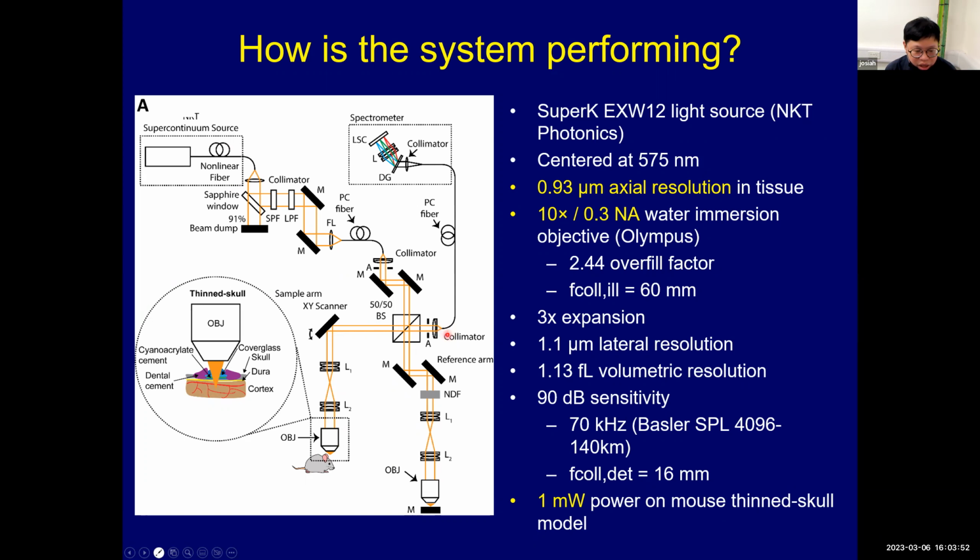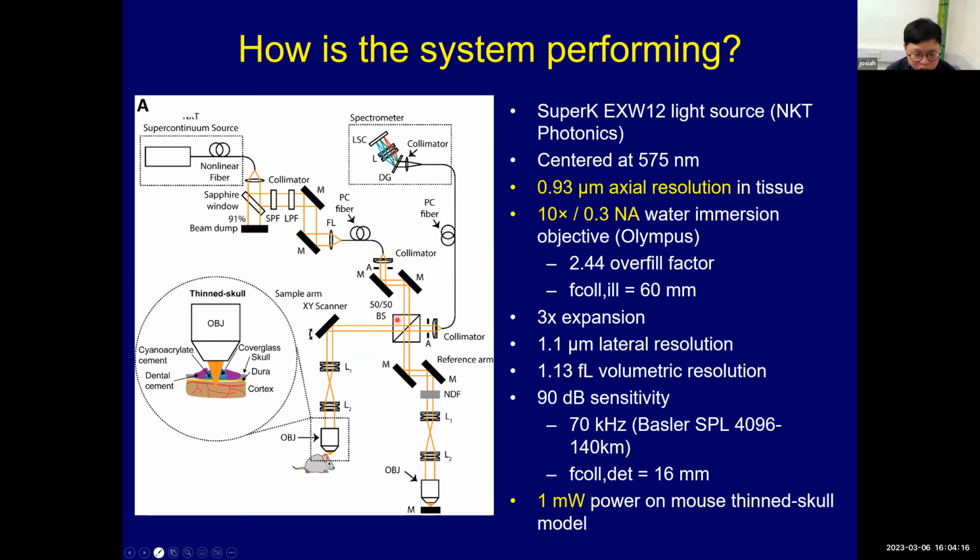In this particular example, we use a larger focal length in the collimator so that the beam becomes very large, so that when it comes to the objective, it overfills the objective. This means we can appreciate the full resolution of the objective because we are overfilling it.